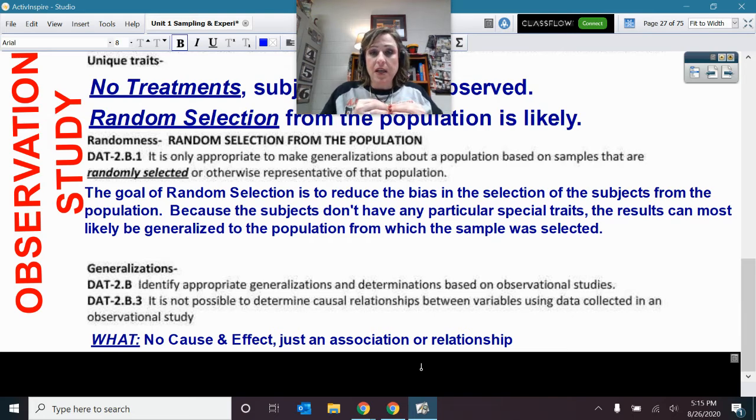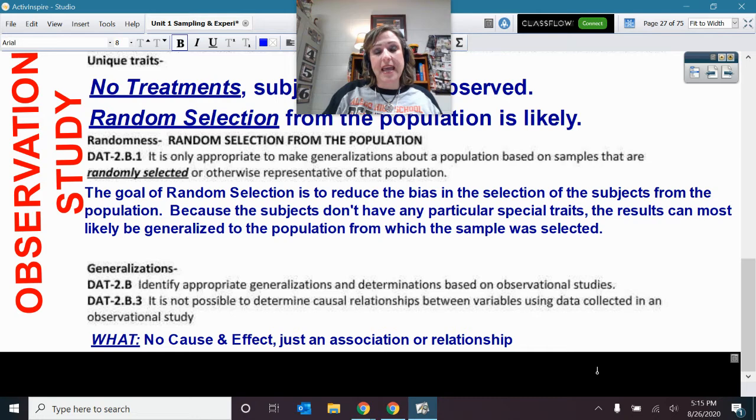With our caffeine article, sun exposure is something that could also be at play with all of those subjects. We did not control it so that the only difference between this group and this group over here was the caffeine.